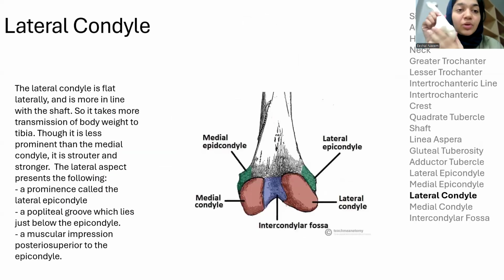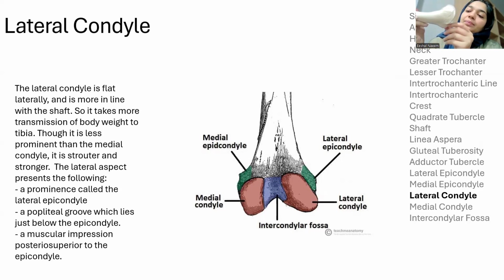Now the lateral condyle. The lateral condyle is flat laterally and is more in line with the shaft if I keep it in a horizontal plane. So it takes more transmission of body weight to the tibia compared to the medial condyle. It is stouter and stronger. The lateral aspect presents the following: a prominence called the lateral epicondyle, a popliteal groove which lies just below the epicondyle.